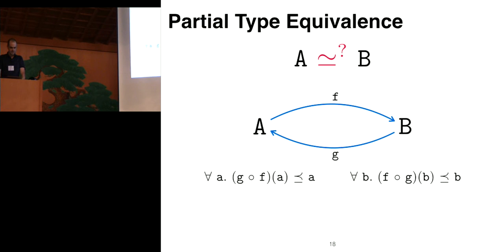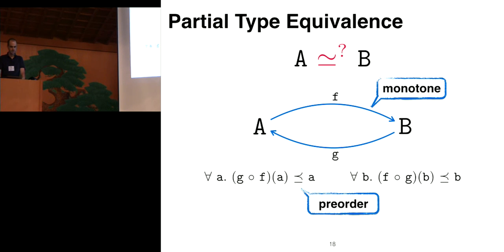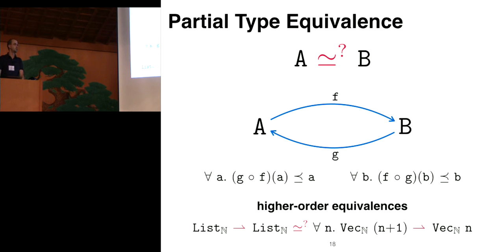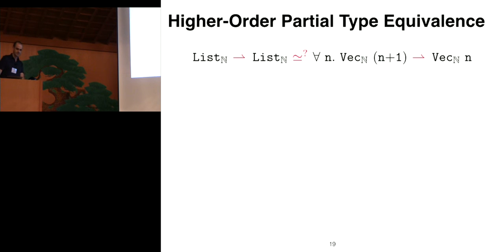We can generalize this one step further to arbitrary monotone functions on any preorder, basically. And so that's like Galois connections. We actually use that for higher order equivalences. I told you that we are going to talk about the equivalence between a function over a list and a function over vectors. So let's look at that in a bit more detail.